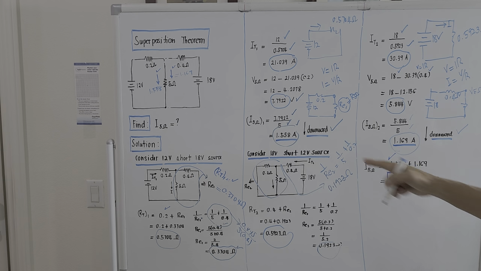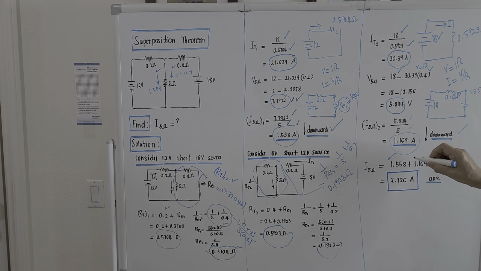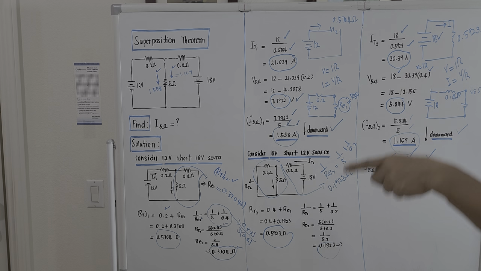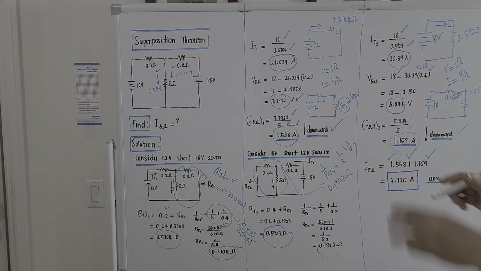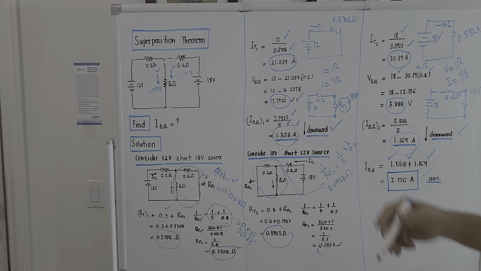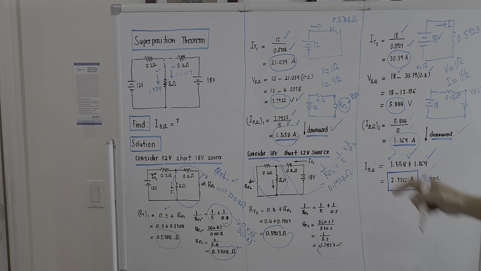So I place it here. Since they are both downward, we take the addition. 1.558 plus 1.169. The total current passing through the 5 ohm load due to the 12 volt and 18 volt, total, will be 2.726 amperes. I think this was the answer from the previous random topic with the same problem. The current is 2.726 amperes.